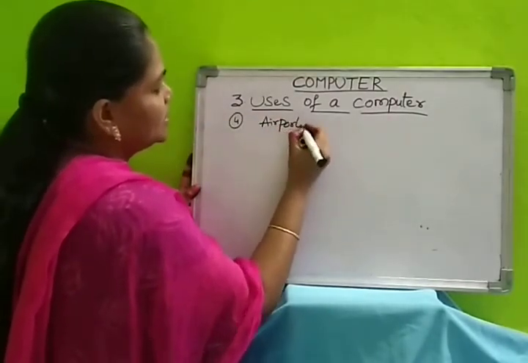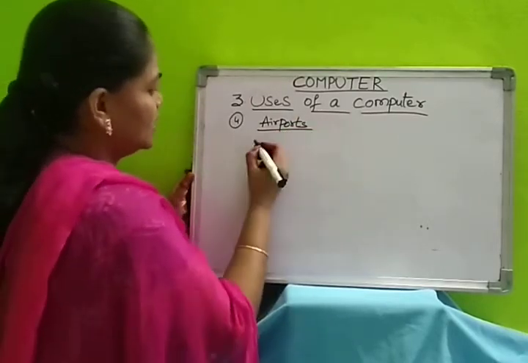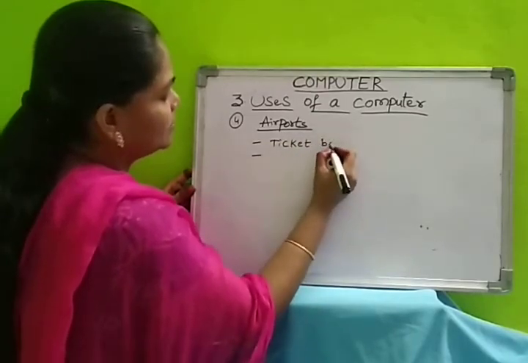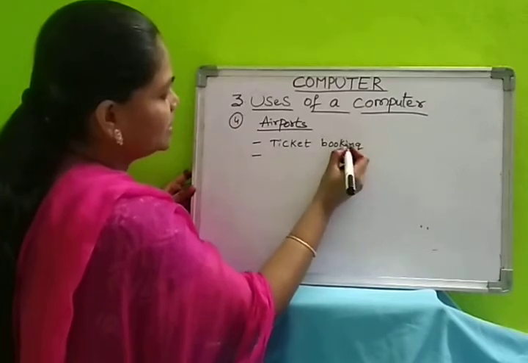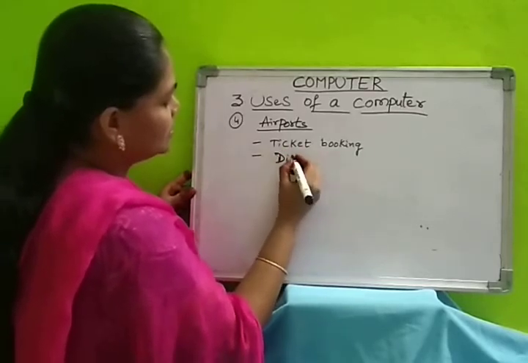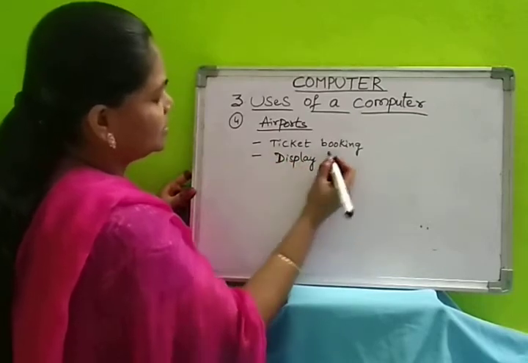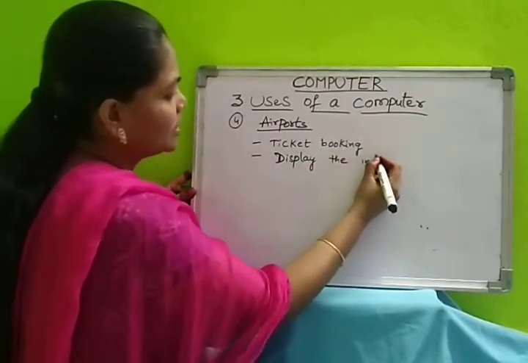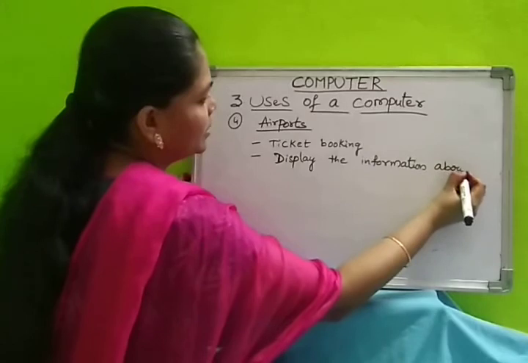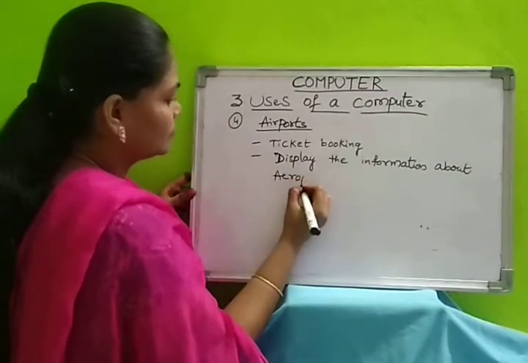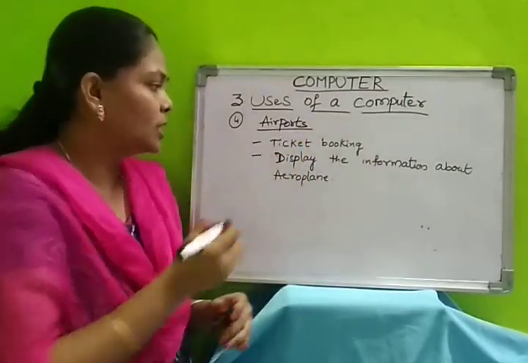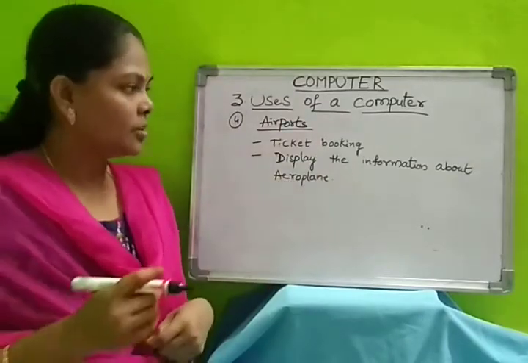Same as in the railway station, in airports also they use computers for ticket booking, and to display the information about aeroplanes. What are the uses? Ticket booking and displaying the information about aeroplanes.